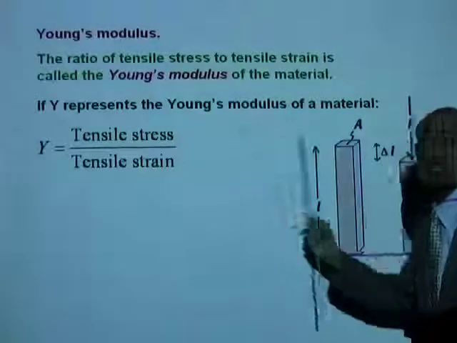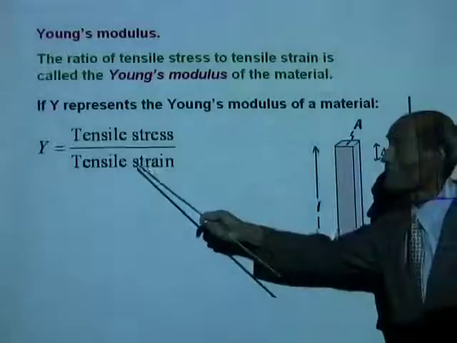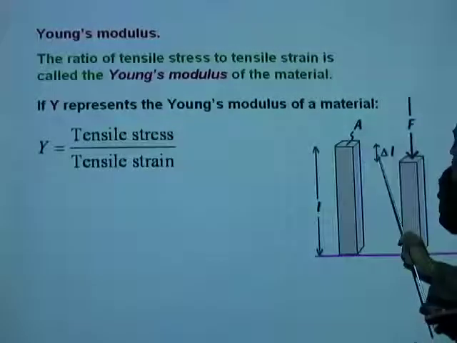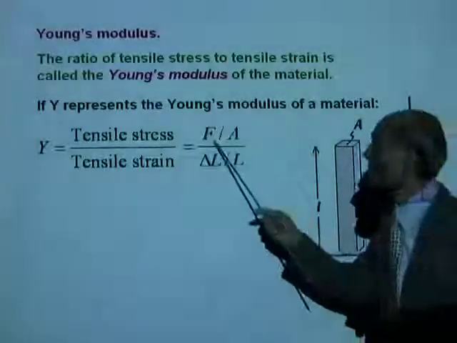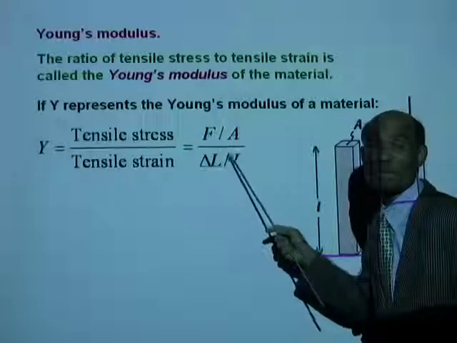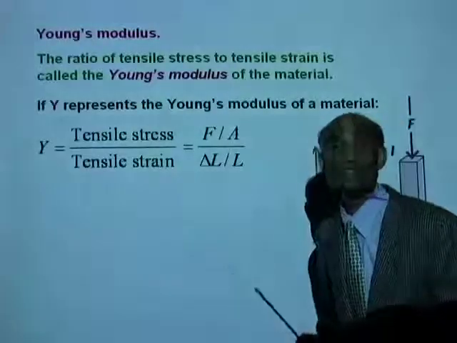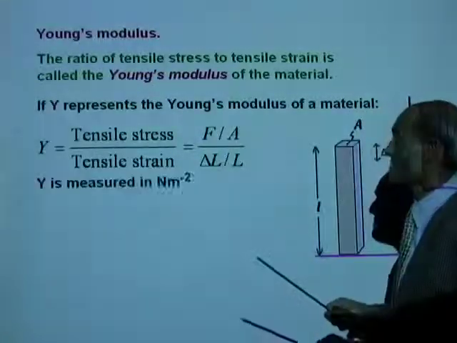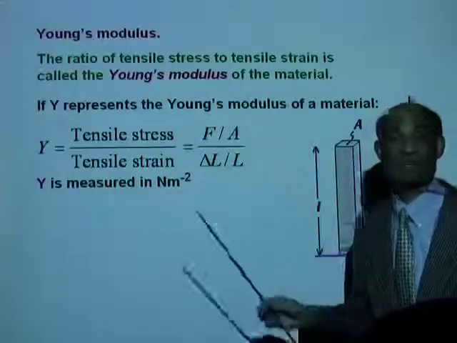So the stress is that force divided by that area, and the strain is delta L divided by the original length. So I can write it as F over A divided by delta L over L, and that is the Young's modulus of elasticity.